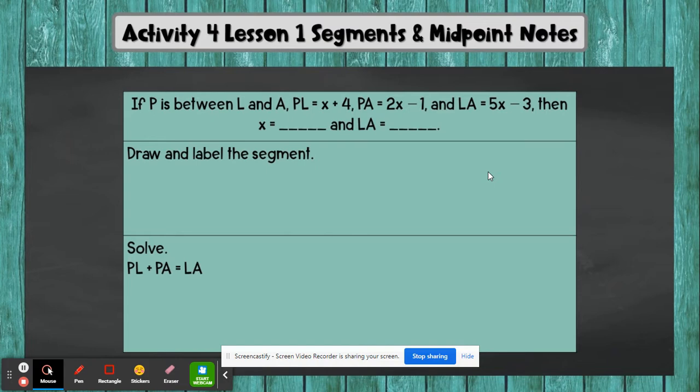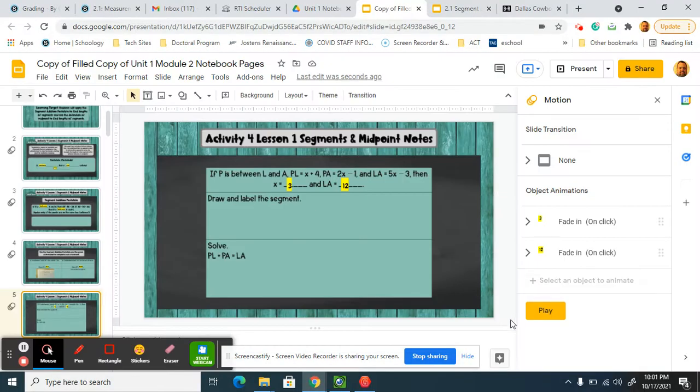It does not matter where. So you're going to draw that out. PL is x plus 4. PA is 2x minus 1. And the whole thing, LA, is 5x minus 3. So it says, what is x? What is LA?